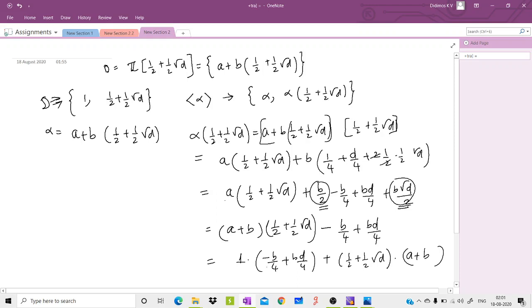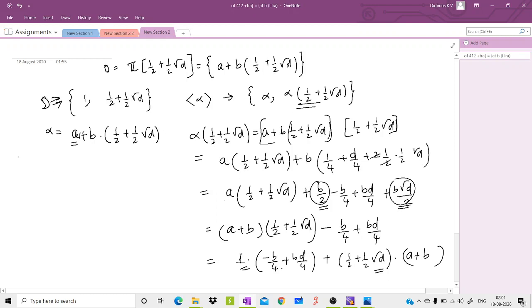That means we have written alpha times the second term, alpha times (1/2 + 1/2 √d), as 1 times this, and this base element times (a + b). So alpha can be written as a times 1 plus b times this, and the second term can be written in this manner.